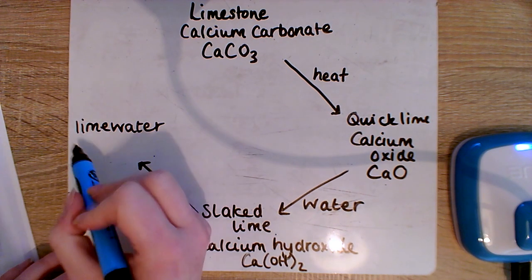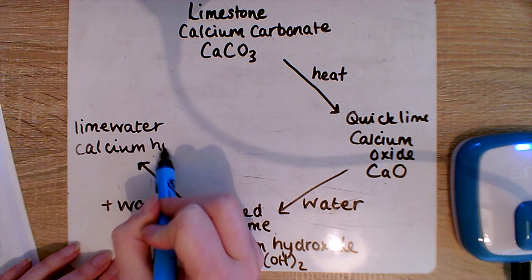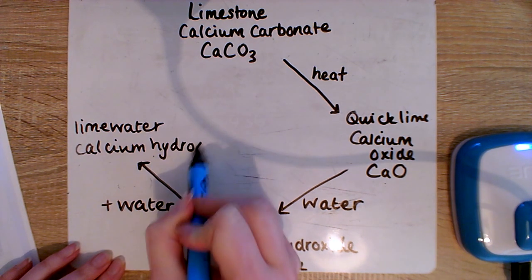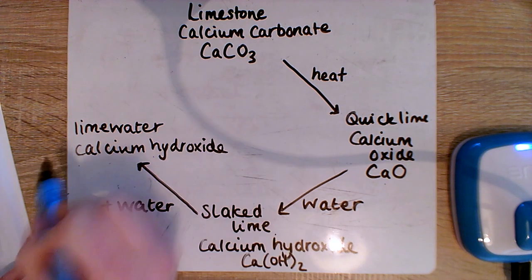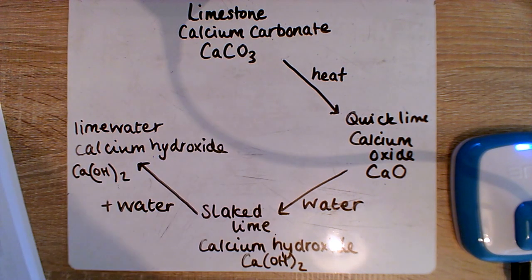So it's still calcium hydroxide, it's just got a bit more water in it. So it's still got the same formula as the slaked lime. So calcium hydroxide, it's still Ca with an OH attached to it, like that. Lime water has fewer uses than the other substances. The main use for lime water, as I said, is for testing for carbon dioxide, which is what we've used it for in the lab.